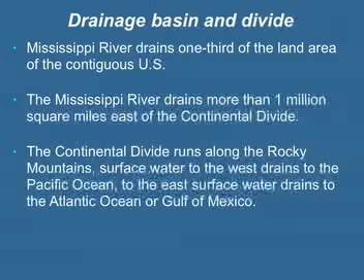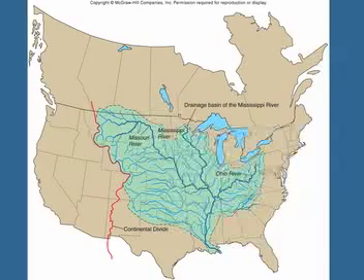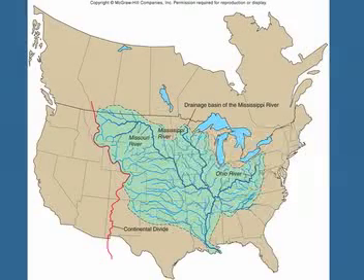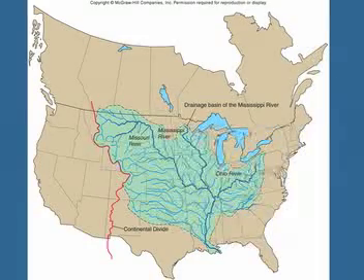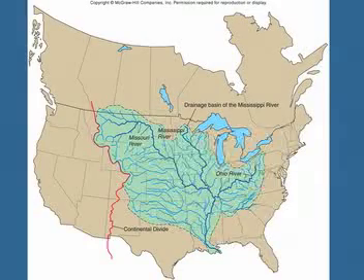So let's take a look at a picture of this. Check it out. The red dotted line is the Continental Divide. That is, up in the northern area, the highest peaks of the Rocky Mountains. And rain that falls on the west goes out to the Pacific Ocean or the Sea of Cortez, and rain that falls to the east goes to the Gulf of Mexico. You can see it there.